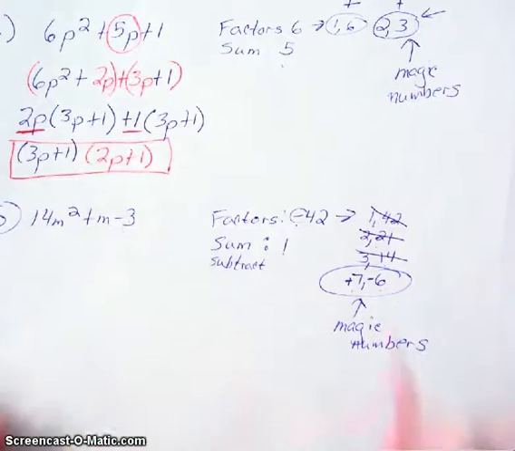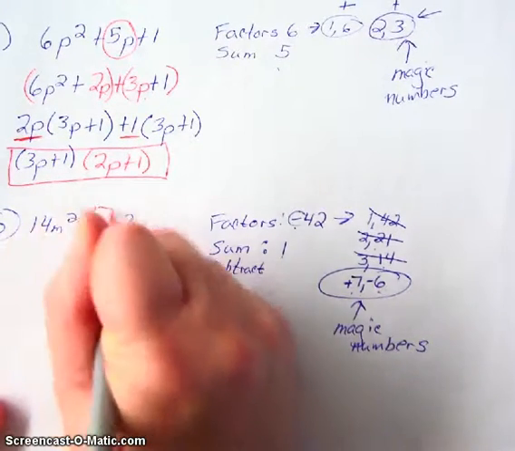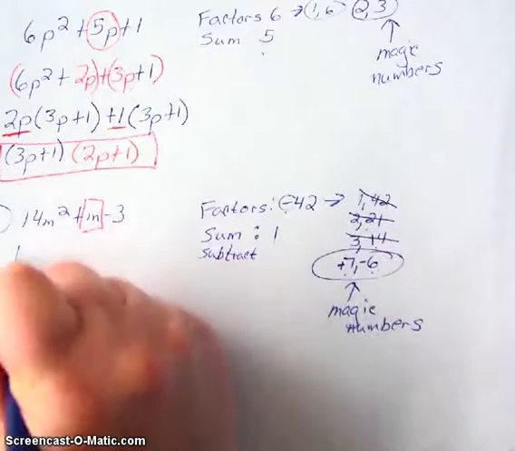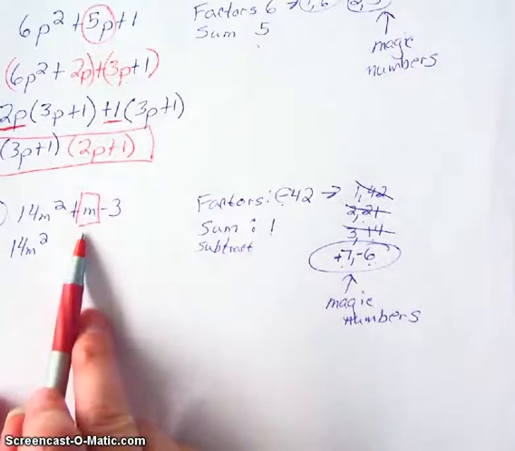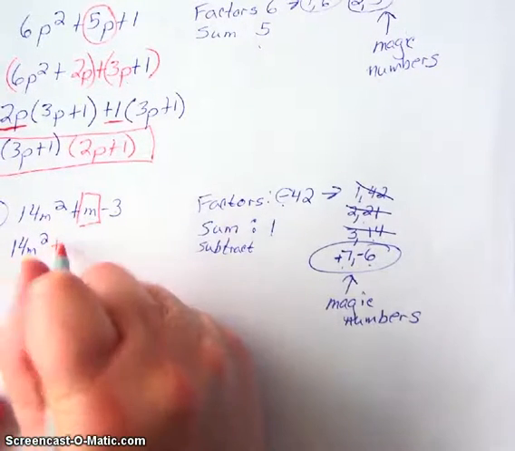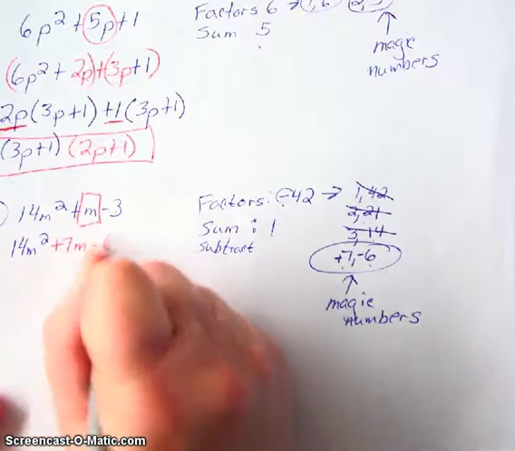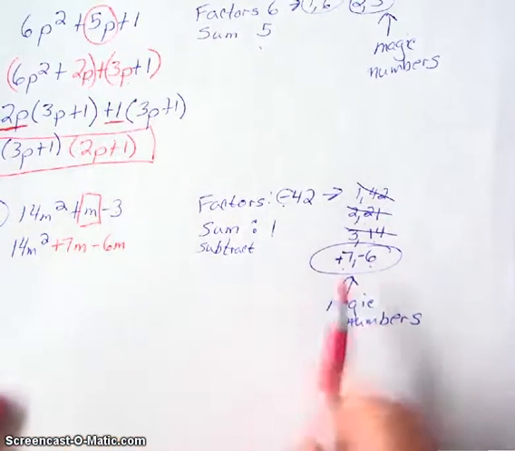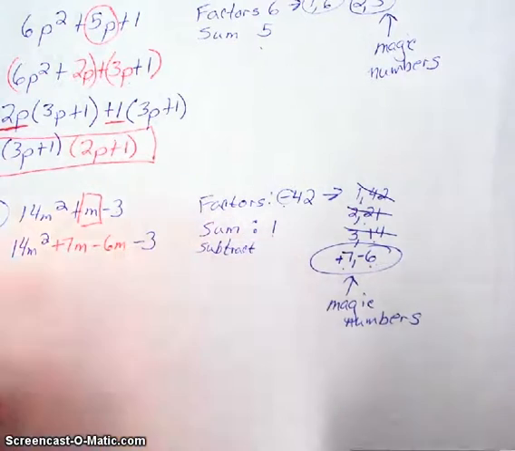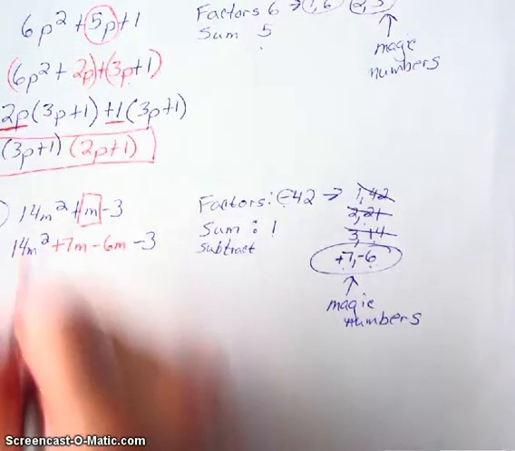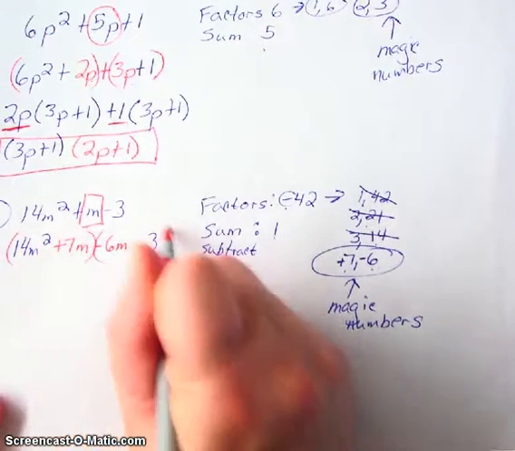I'm going to substitute those two numbers for my middle term. So bring down the 14m squared. Instead of 1m, I am writing plus 7m minus 6m because 7 and negative 6 are my magic numbers. And then I'm going to group.